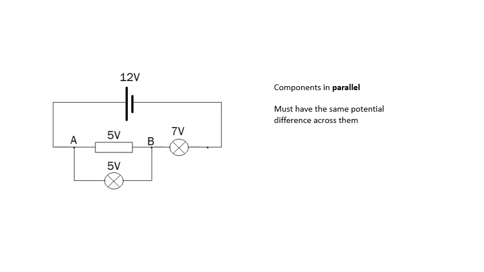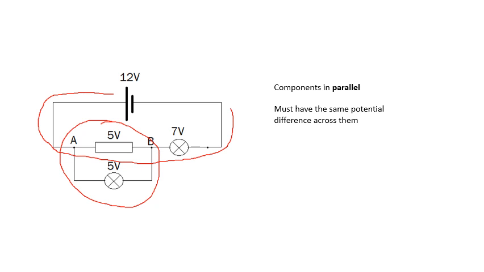A lot of students find this circuit a bit confusing. If I use a pen here, you'll notice that these components are in parallel, so they have to have the same voltage across them. If I was to look at a loop, now this is a loop all the way around here, and in that loop 5 plus 7 equals 12.